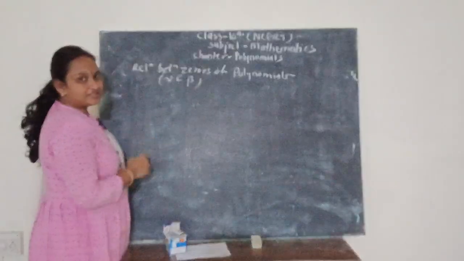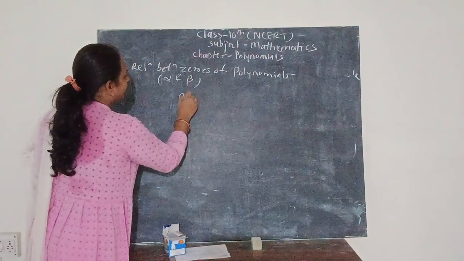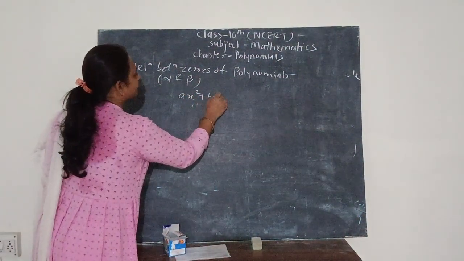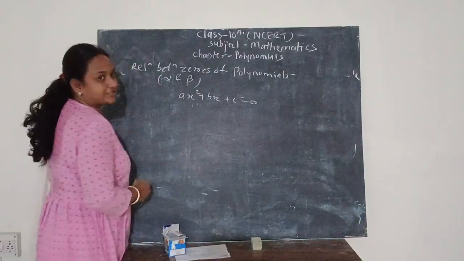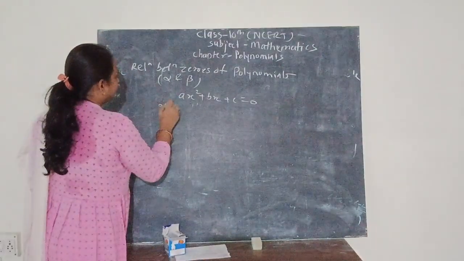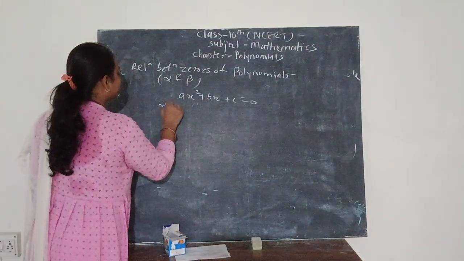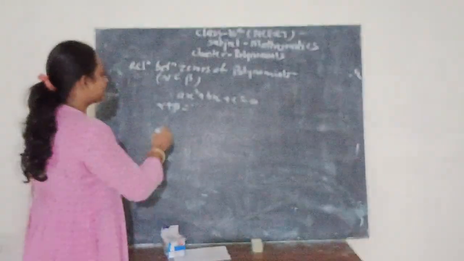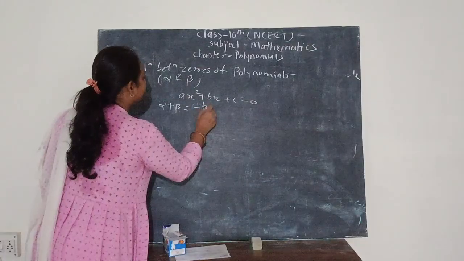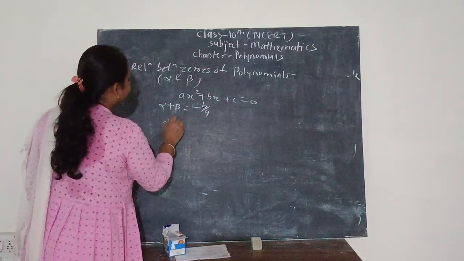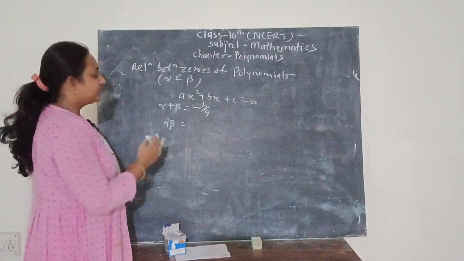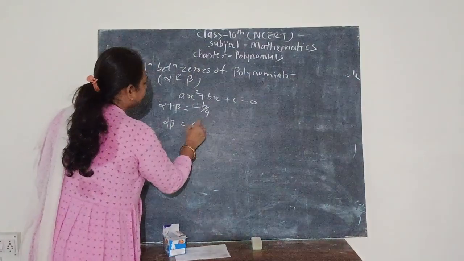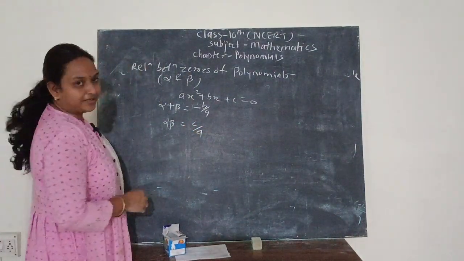Now what is the relation between them? If we have the equation ax square plus bx plus c is equal to 0, then alpha plus beta, the sum of zeros, is minus b upon a, and the product of zeros, alpha into beta, is c upon a.